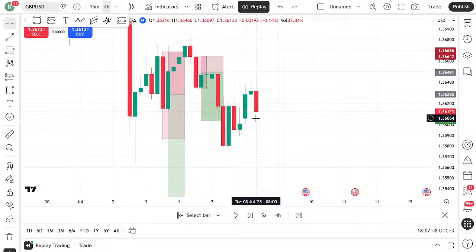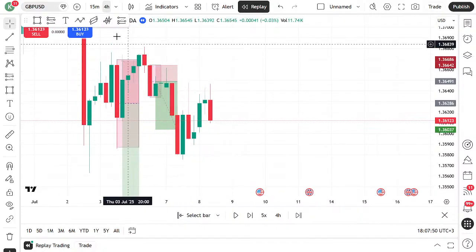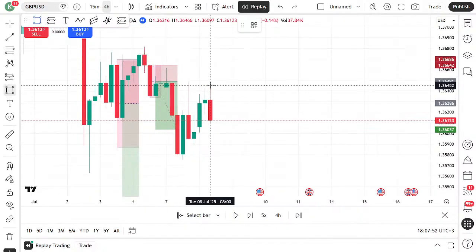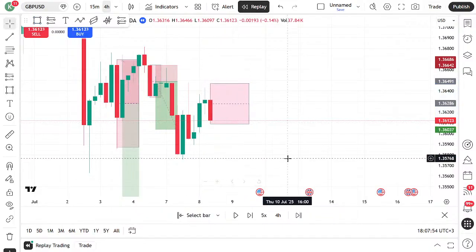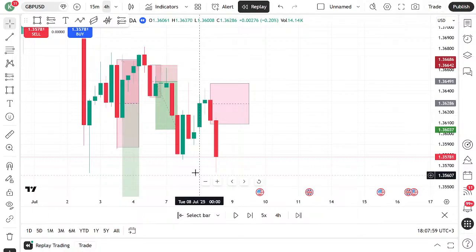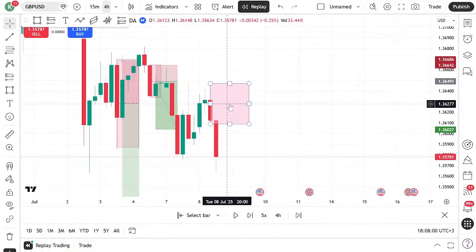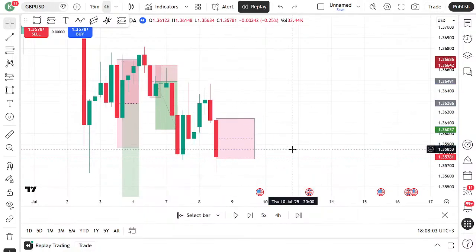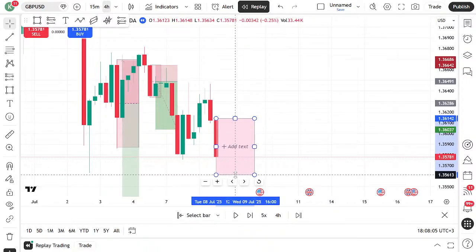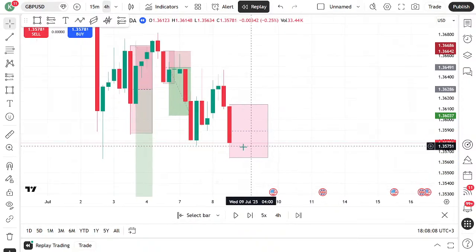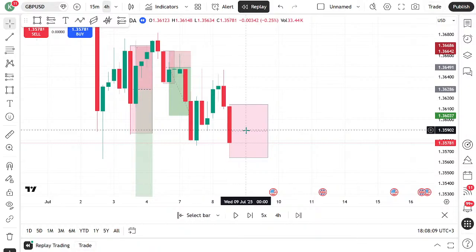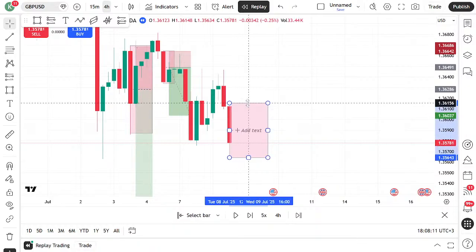candle on Tuesday 8th. Again, mark the high, mark the low, and then we have a very strong close below, then mark its high and its low. We can see clearly that it closed below the midline, which is a good thing.